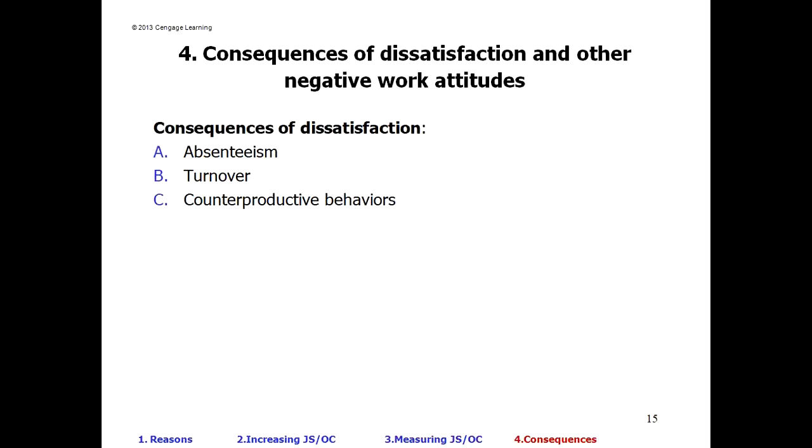The fourth point is consequences of dissatisfaction and other negative attitudes. You know, every company has its own way of punishing, or every company has its own way of dealing with any important areas when they are not able to get what they want from their employees.